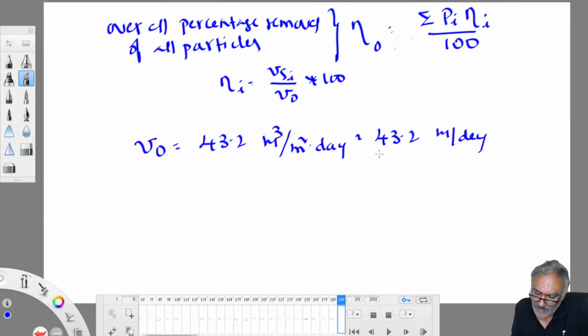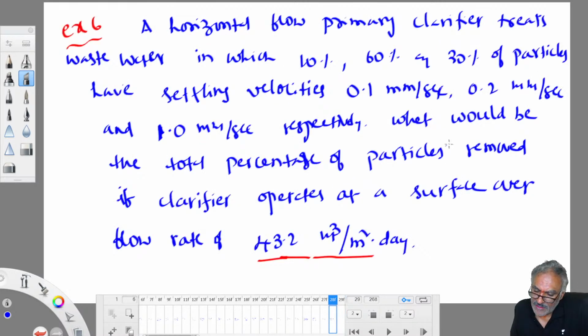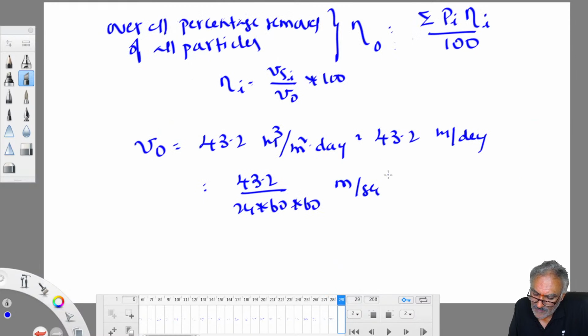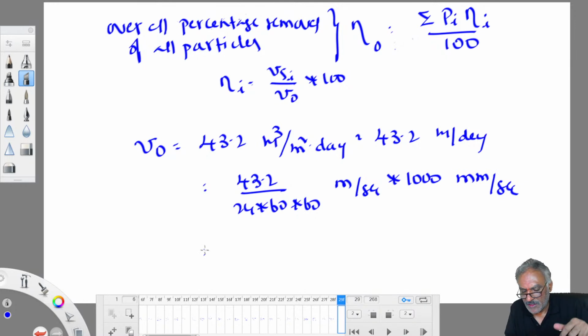Meter square cancels, so meters per day. So 43.2 by 24 into 60 into 60 meters per second. But settling velocities are given in mm per second, so let us convert into mm, into 1000 mm per second. If you convert this into mm per second, how much do you get?